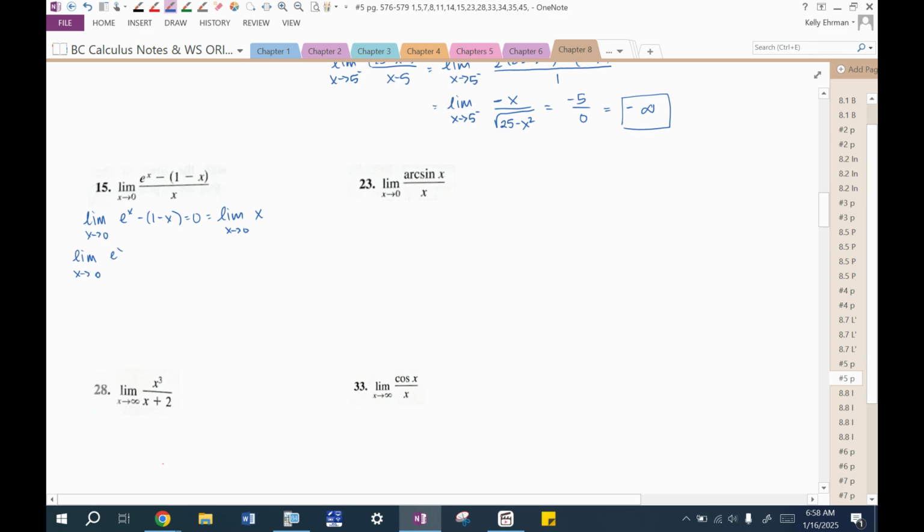So I'm writing the original problem. I'm just going to distribute this negative. And now I'm going to take derivatives. The limit as x approaches 0 of e to the x, 1 becomes 0, x becomes 1 over 1. Plug that in, you get e to the 0 plus 1 over 1. So that's 1 plus 1 is 2.